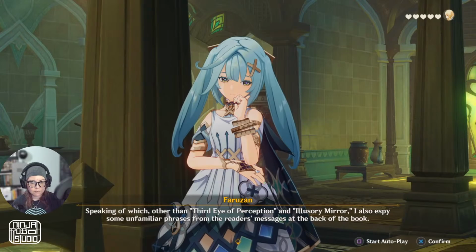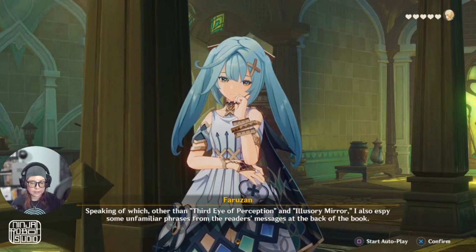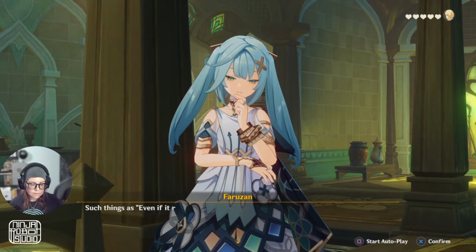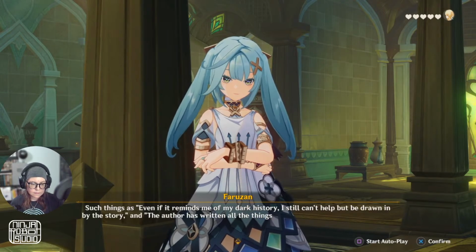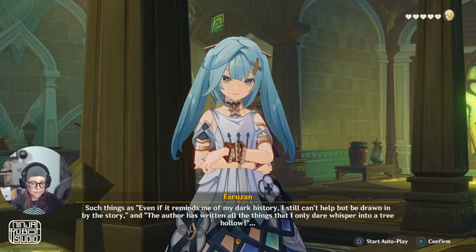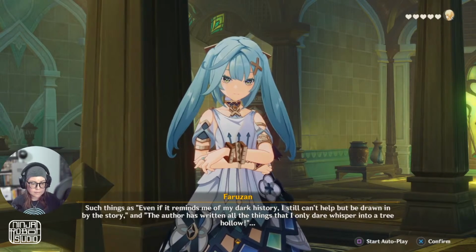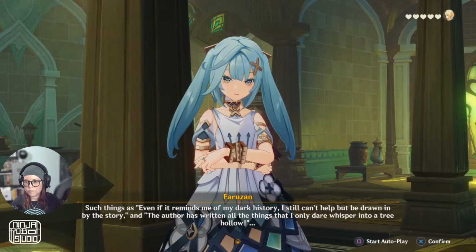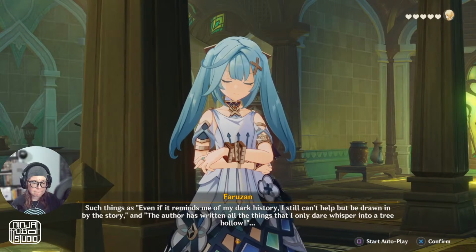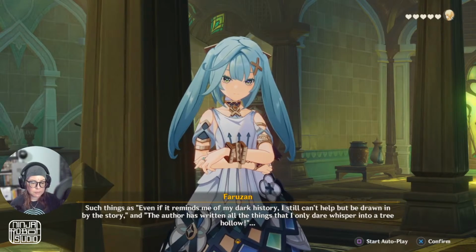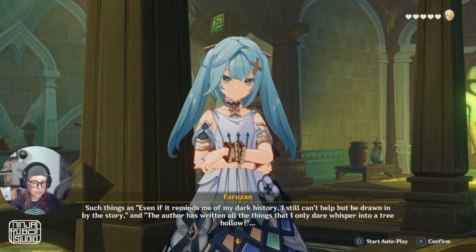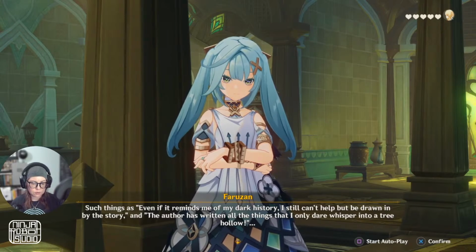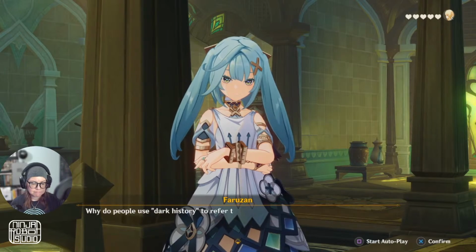Speaking of which, other than third eye of perception and illusory mirror, I also espy some unfamiliar phrases from the reader's messages at the back of the book. Such things as, even if it reminds me of my dark history, I still can't help but be drawn in by the story. And the author has written all the things that I only dare whisper into a tree hollow.